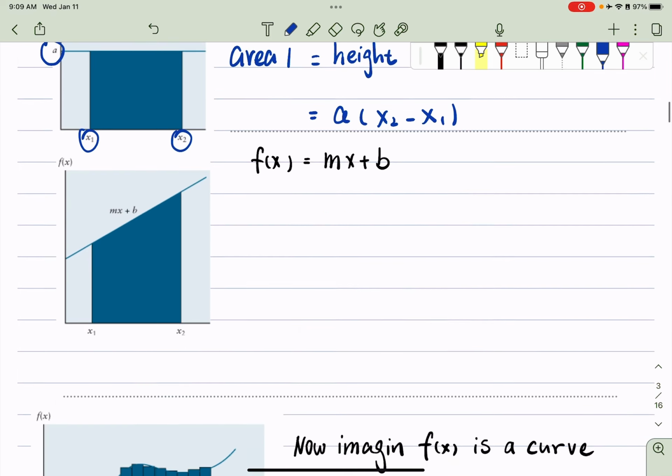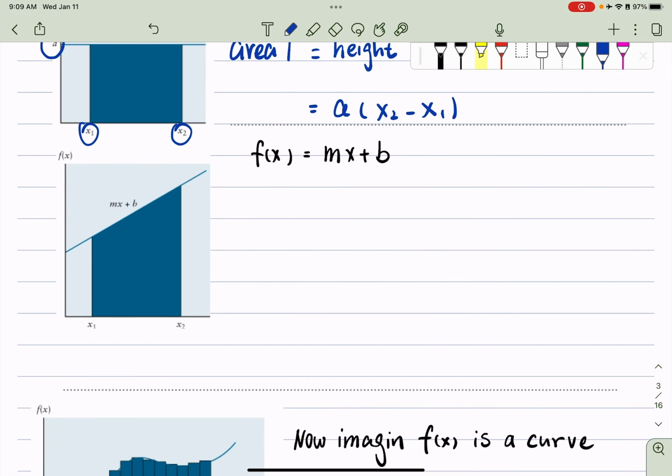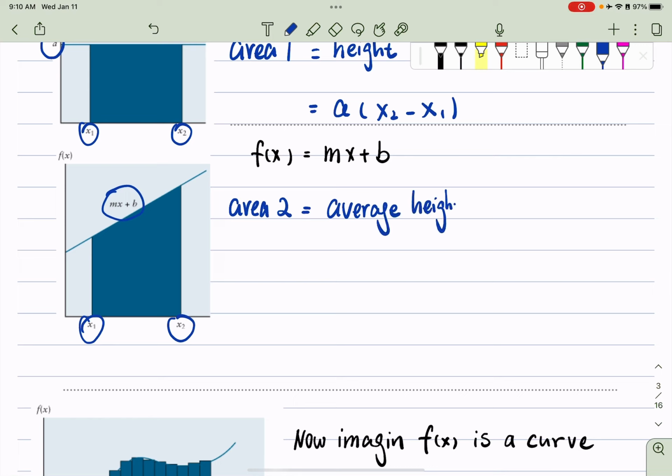Then when we take one step further, instead of having a completely constant function, we have again a linear relationship. So y equals mx plus b. And on the bottom, likewise, we have it from x1 to x2. So f(x) equals mx plus b. This area 2 here again equals the average height times base.